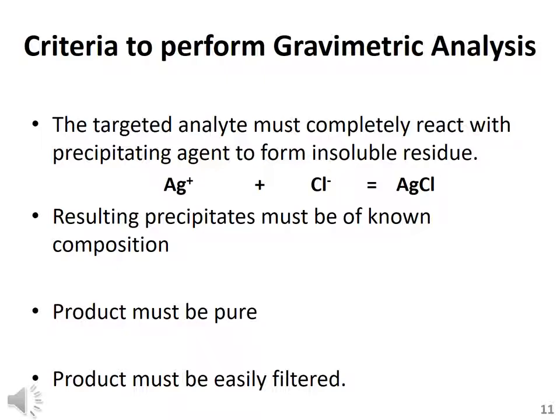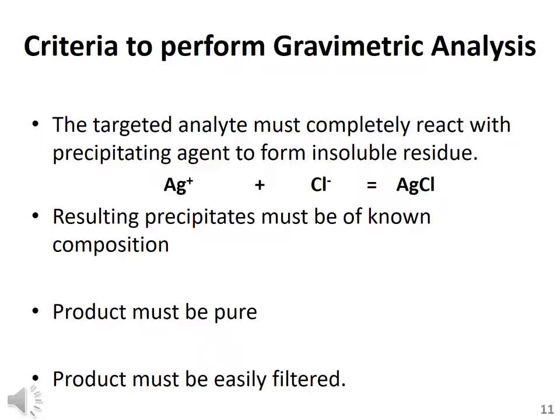In this slide you can see there are 4 criteria which are important for gravimetric analysis. Number 1 is the targeted analyte must completely react with precipitating agent to form insoluble residue.